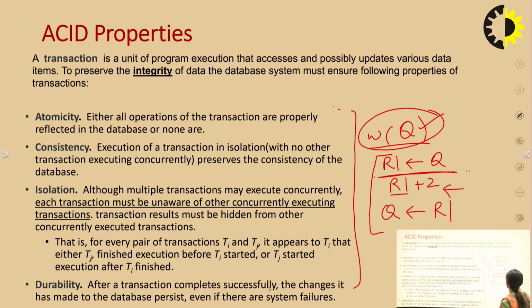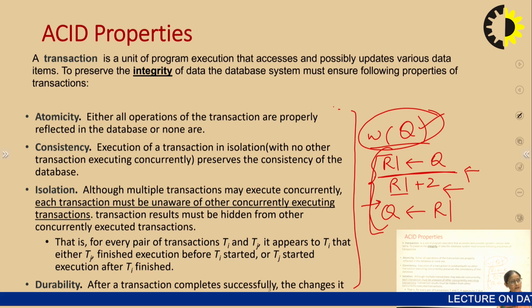Context switching may happen at any time. So atomicity says that either all three operations execute successfully, or none of them. That is, if any mishap happens in any part of the sub-instructions, then you have to roll back.